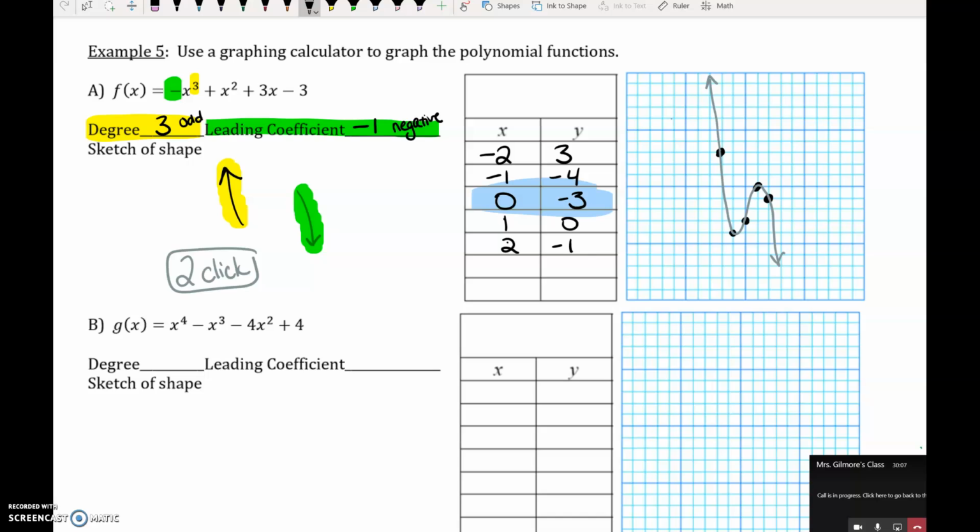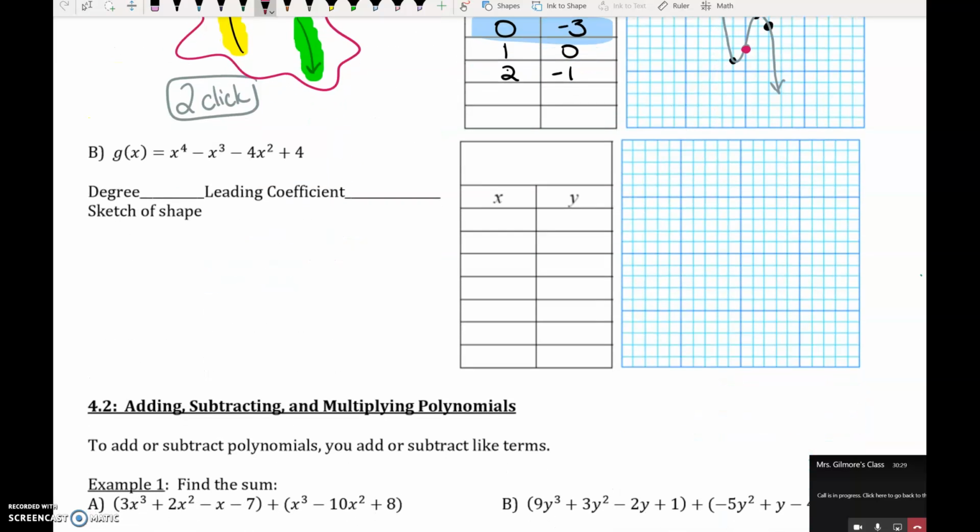You plug 0 in, you get -3. So you know that the point 0, -3 has to be on that graph. That can help you to narrow down which graph it is. So if you know this information and where it crosses the y-axis, you're probably going to be able to pick out which graph you need.